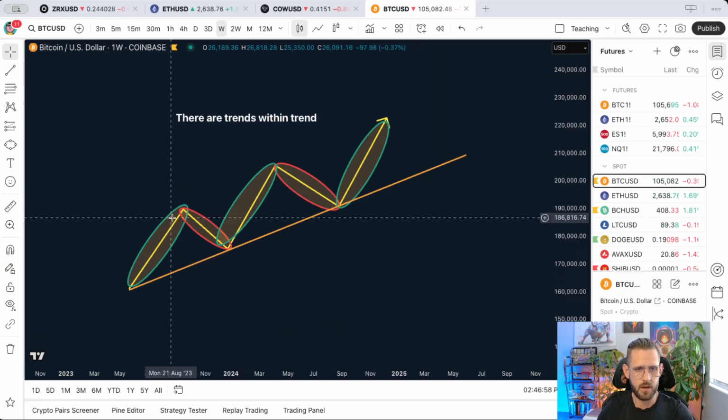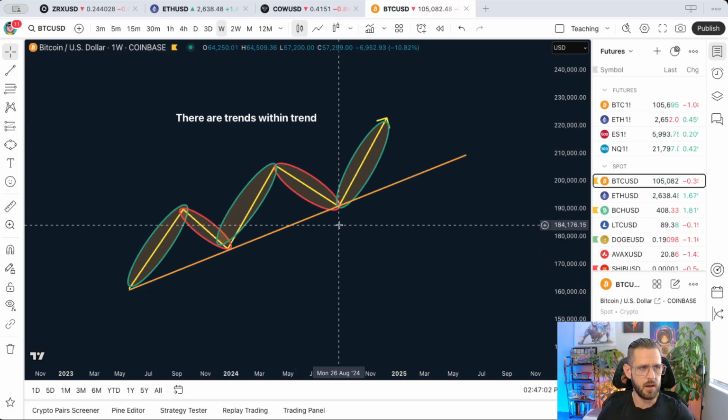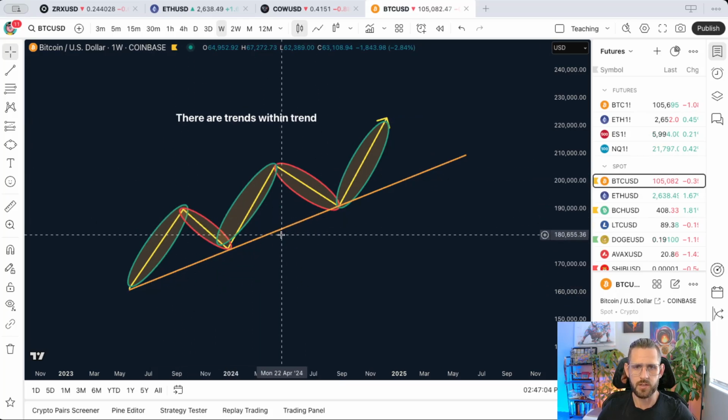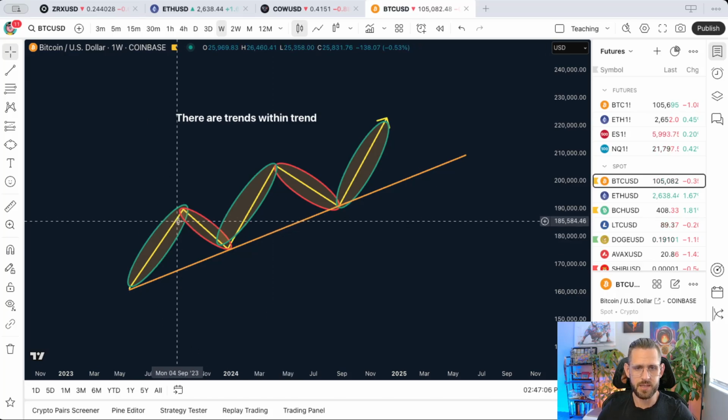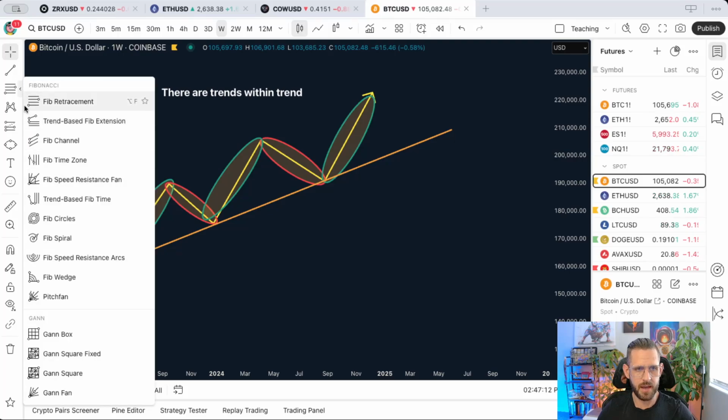Up, down, up, down, up, down. And this yellow line is the major trend. So you can actually identify these trends within trends. And we didn't see the sideways market. This is more of a generalization, but often you will see a trend look something like this as well.